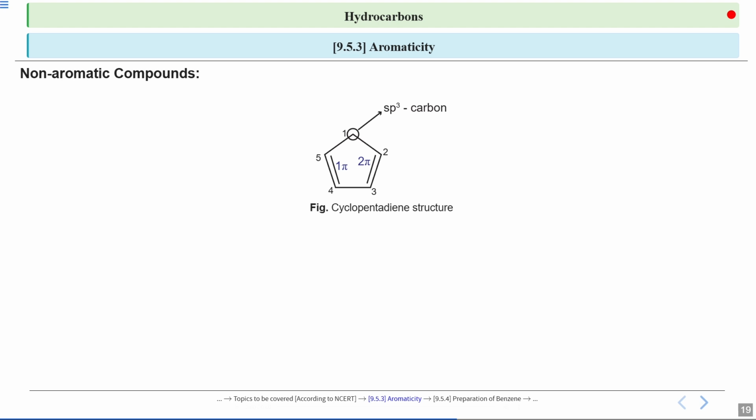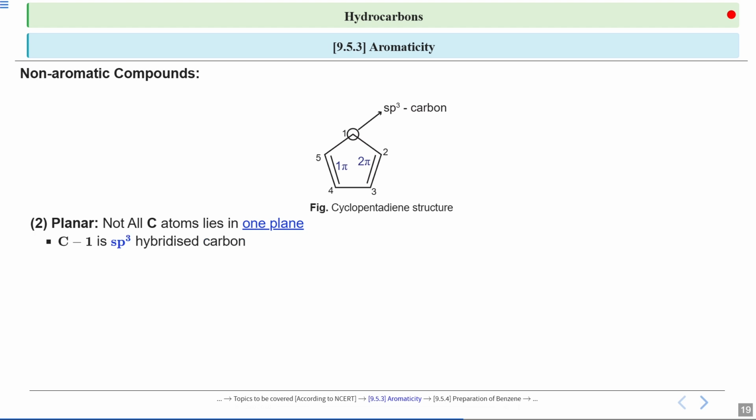hybridization. Now the sp3 hybridization differentiates it from an aromatic compound like the cyclopentadienyl anion, as its presence breaks the continuous p orbital overlap required for aromaticity. So as a result of this sp3 hybridized carbon, all carbons will not lie in the same plane. Got it? And this lack of planarity prevents the molecule from having the necessary overlap of p orbitals for aromaticity.